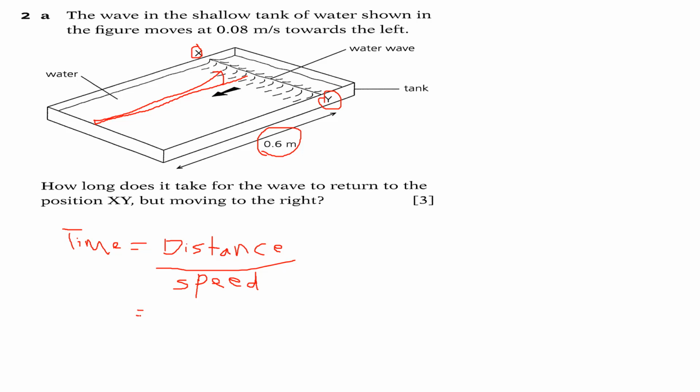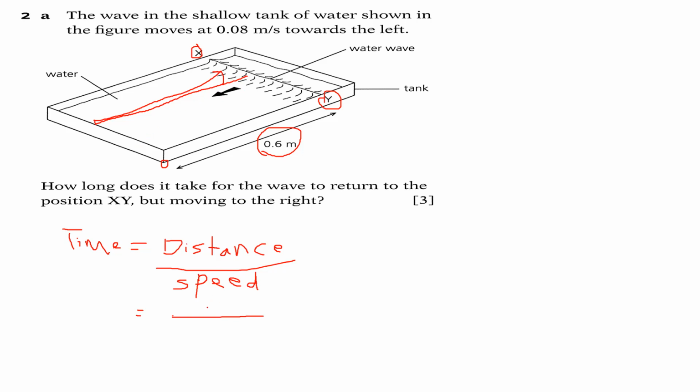Now, how much is the distance? The distance given here is 0.6 meter, but this is from this point to this point. But what is the total distance? It's this direction 0.6 and another 0.6, because the wave moves to the left and comes back to the same place.